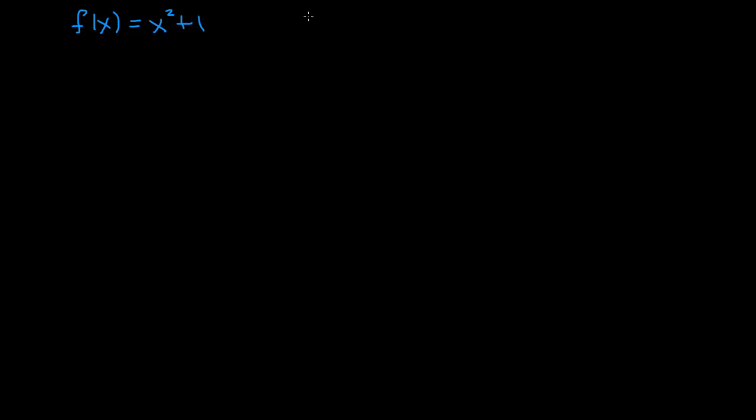Now, we want the slope at x equal 1 and x equal negative 1. That was the points 1, 2 and negative 1, 2. So we want the slope at those two points. So let's apply our definition.